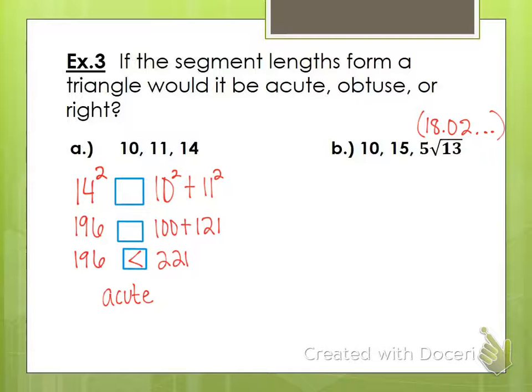Yes, Taylor? What do I do if my calculator won't do that? It will. So if you type it in, and then this button will give you a decimal. Calculator question?